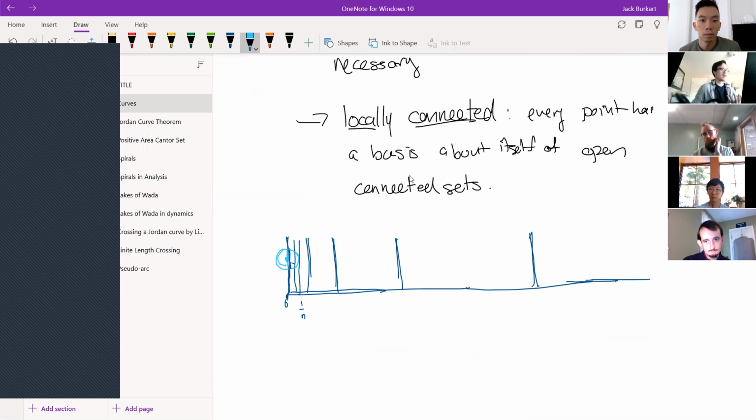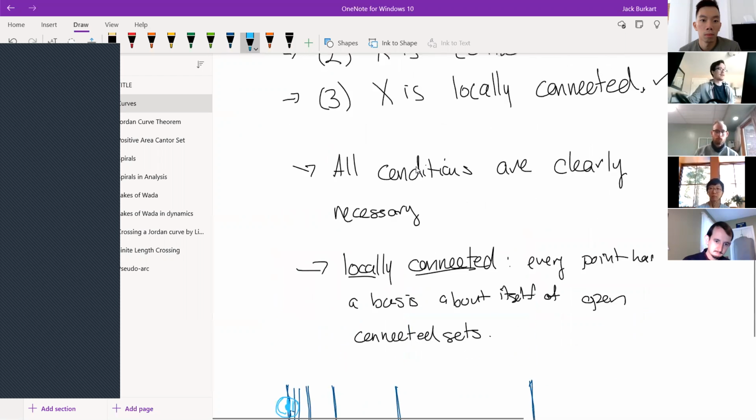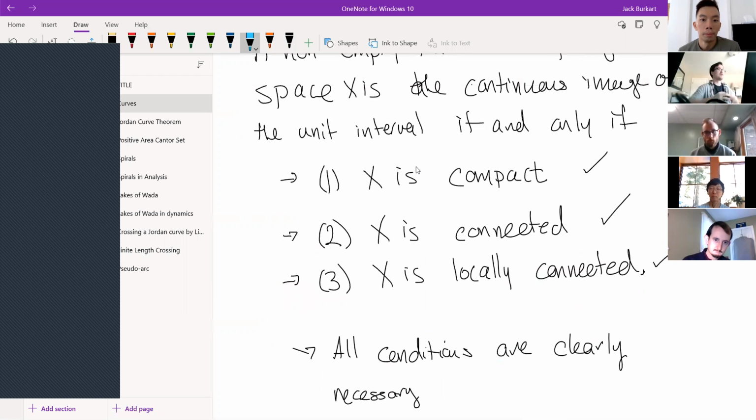So when I give it the subspace topology, I cannot give this point a neighborhood basis of connected sets, because it's always going to see one of the teeth a little bit to the right. So this is not a locally connected set. And like I said, if you have a locally connected set and you apply a uniformly continuous function to it, its image is always going to be locally connected.